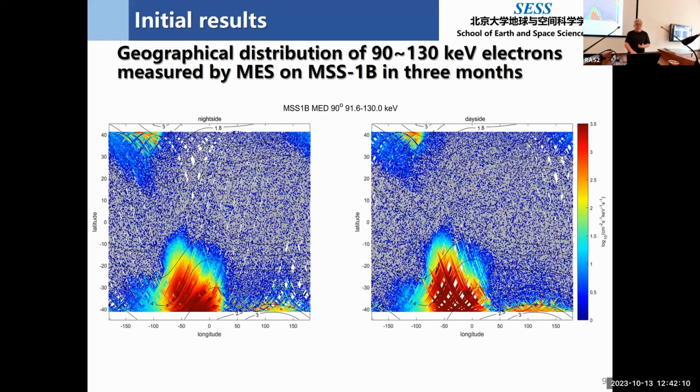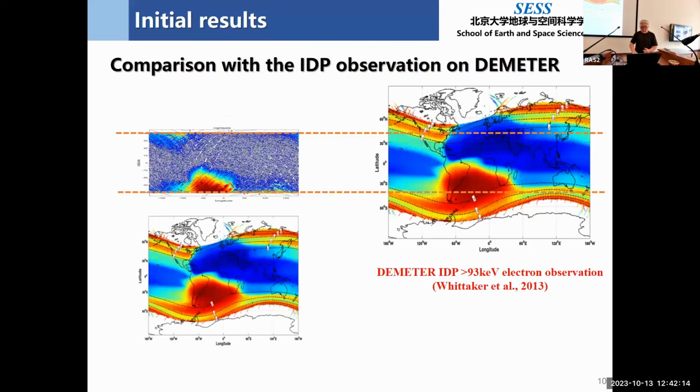This is for the B satellite. It's almost the same. Let's make the comparison with Demeter IDP observations. As the inclination of Demeter is a little bit higher than MSS, they have better coverage of the flux maps.